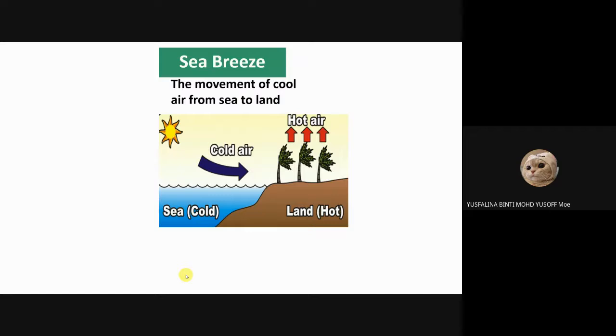The land has low specific heat capacity, which means it heats up faster compared to the sea.